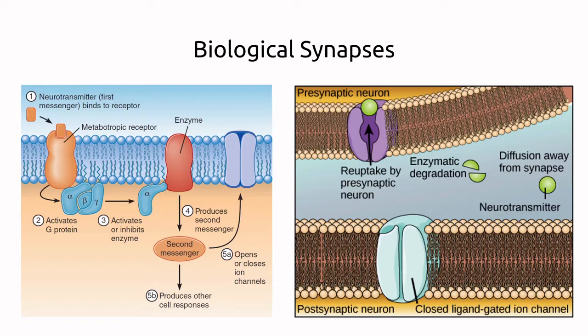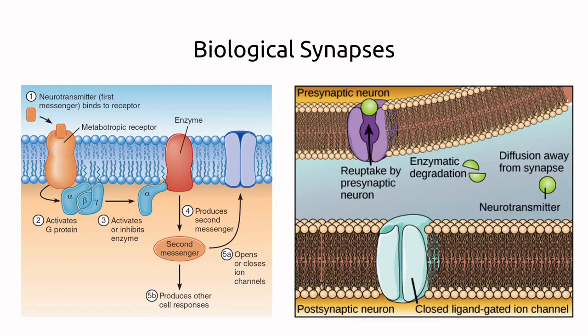It'll either be removed by diffusion out of the cleft, just literally moving out of the space between the pre and postsynaptic neuron, through enzyme-mediated degradation of the transmitter, or they will be taken up again by the presynaptic neuron, where they'll be recycled into vesicles for future use. And the rates at which binding, unbinding, and removal occur vary from neurotransmitter to neurotransmitter, and then possibly from other factors.